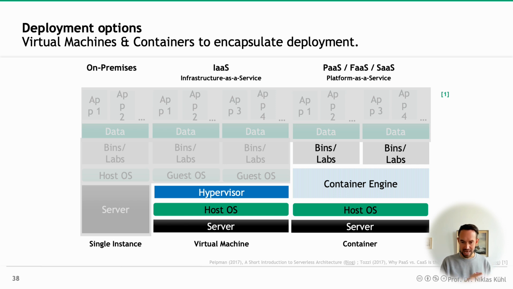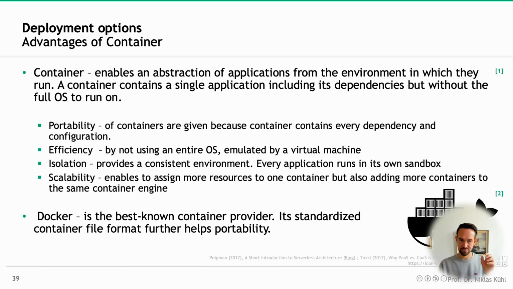And the next step of this paradigm are containers. Containers encapsulate the functionality and a lot of the dependencies in one file in the end. Then you have a container engine which takes care of orchestrating all of these containers. That's the most typical way to go as of now, I would say, to encapsulate your microservice as a container. So containers enable an abstraction level of applications.